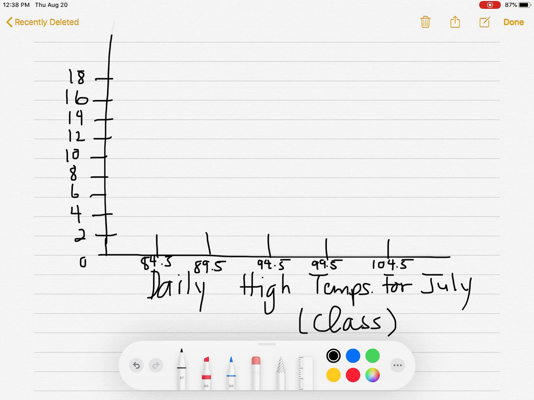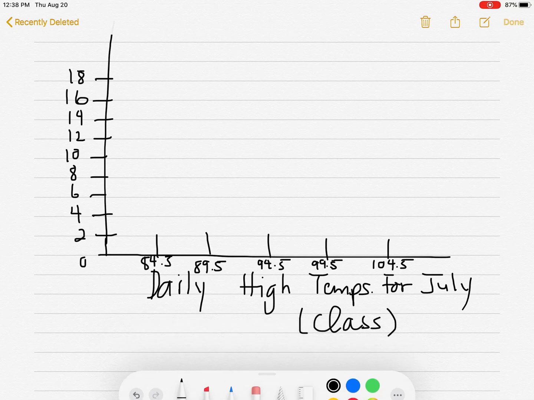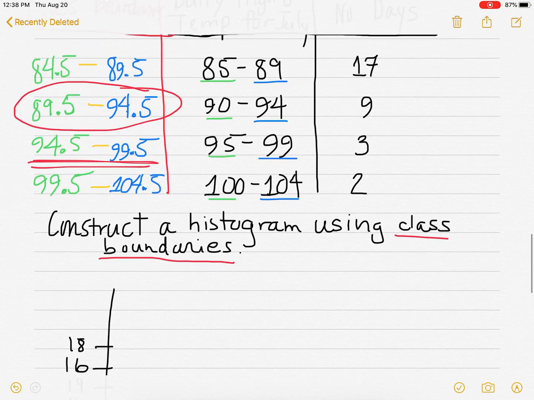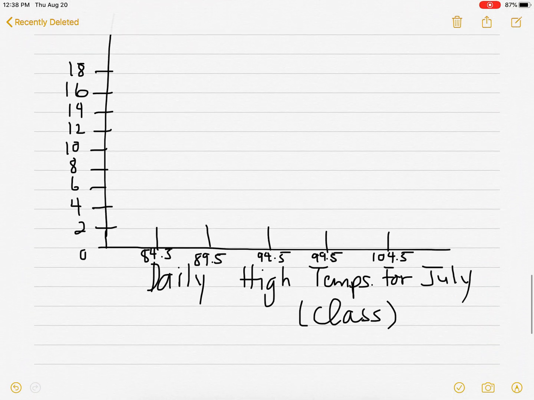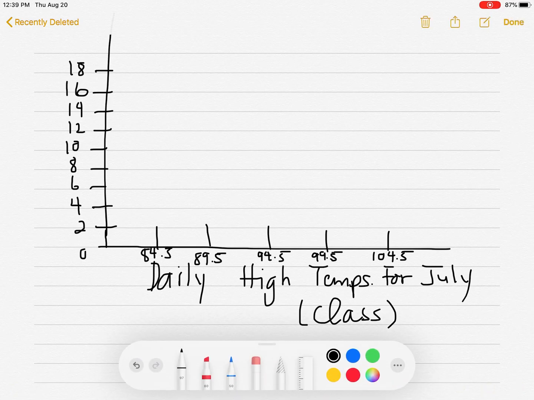I decided to scale by twos because I didn't have enough space on this screen. And, oh yeah, we got a label on the left-hand side, right? What are we talking about? Number of days. So this is the number of days here. These are our frequencies. Number of days. Frequency.